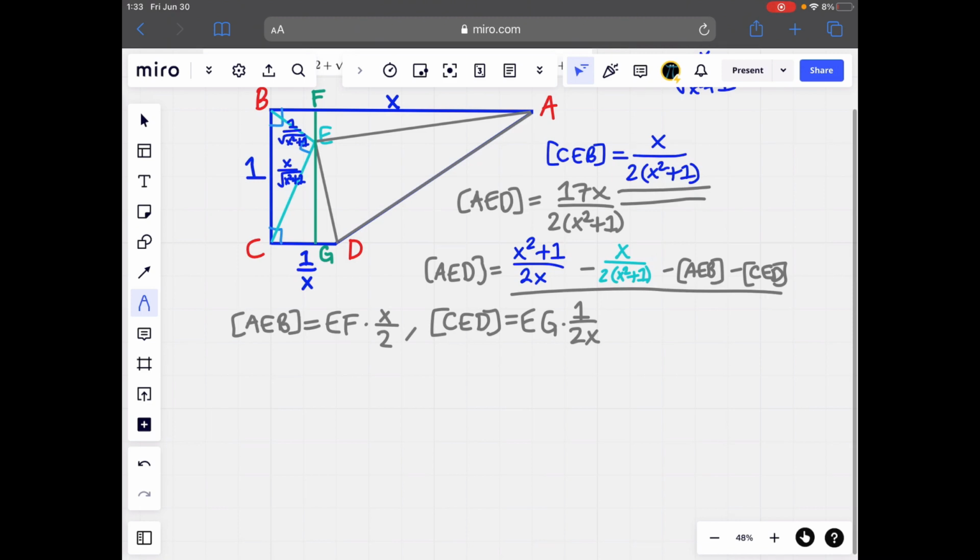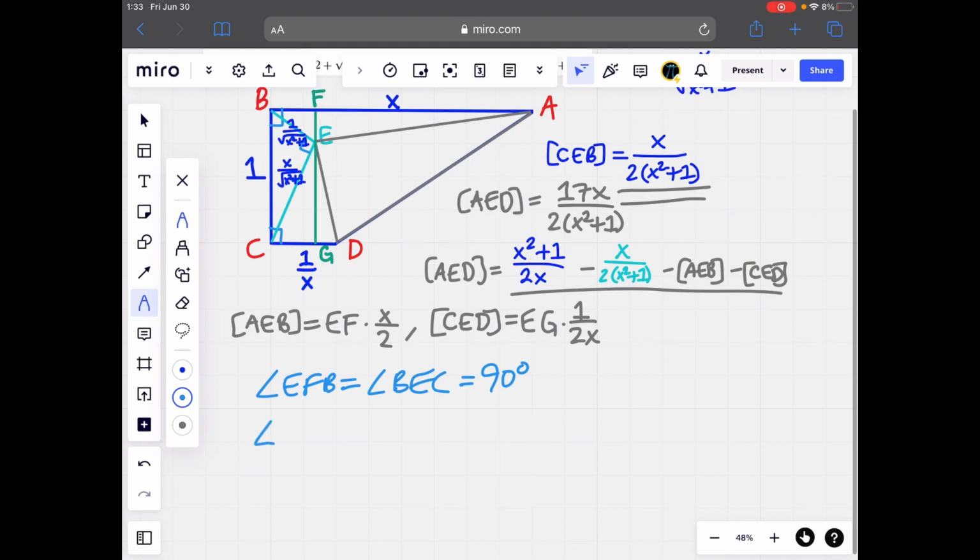Note that triangle EFB is similar to triangle BEC because angle EFB equals angle BEC equals 90 degrees. That's obvious, they're both right angles. But also, by alternate interior angles, we have angle CBE is equal to angle BEF, because BC is parallel to FE.